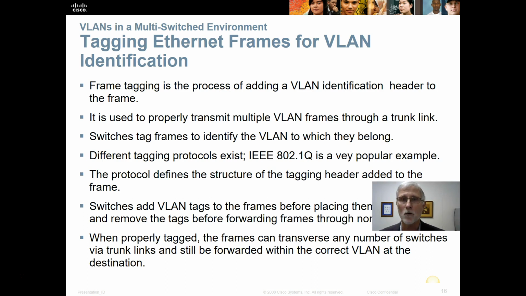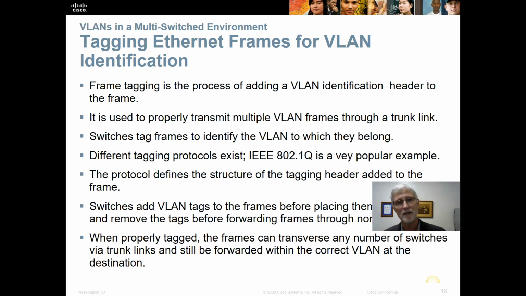Now, in a multi-switched environment, sometimes you want to make sure you identify the frame. So how do I know which VLAN a frame is in? Well, frame tagging is the process used to insert the VLAN ID inside the header of the frame, and then it's used to transmit over the trunk link.